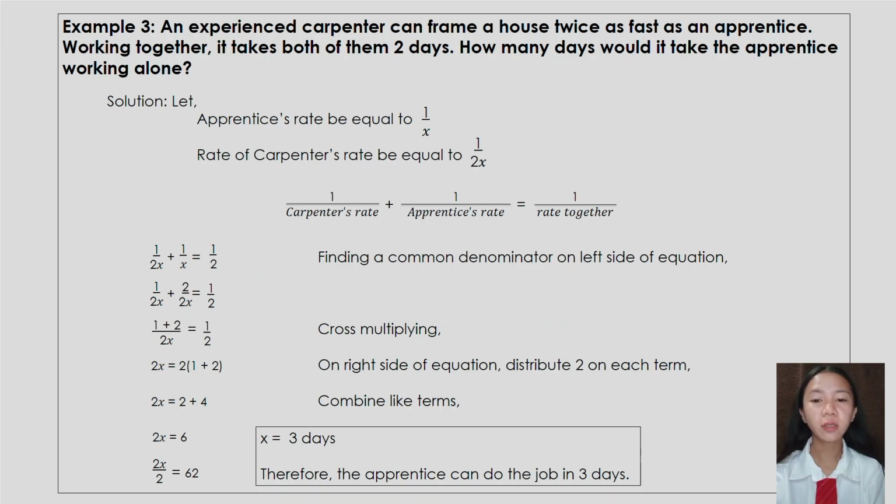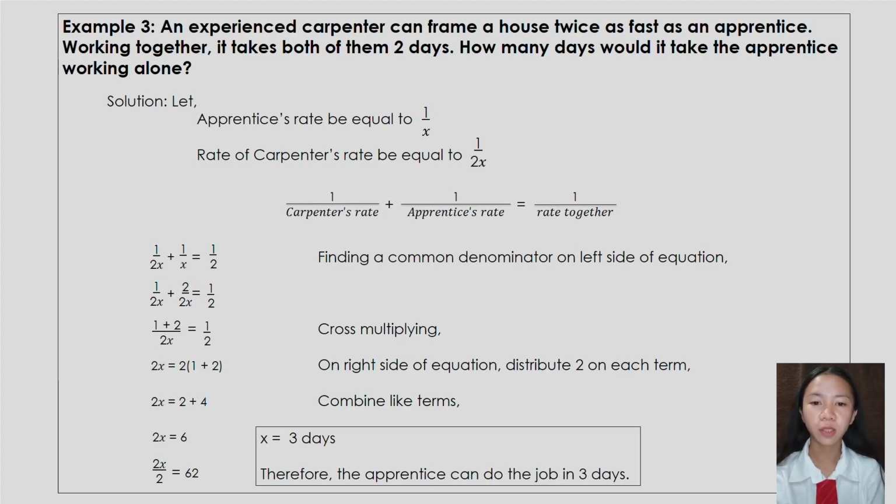In our third example, an experienced carpenter can frame a house twice as fast as an apprentice. Working together, it takes both of them 2 days. How many days would it take the apprentice working alone? Here's the solution. Let the apprentice's rate be equal to 1 over x.